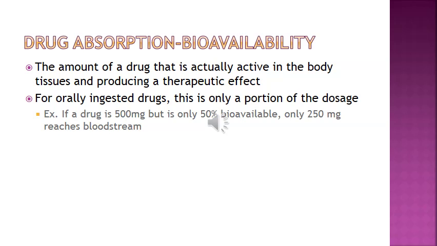So, for instance, if a drug is 500 milligrams and only 50% bioavailable, that means only 250 milligrams will actually reach the bloodstream. So it's important to understand as far as bioavailability, we look at what's actually going to be active in producing a therapeutic effect. So it may only be a portion of the actual dosage. It may not be the whole dosage of the drug that actually gets utilized.